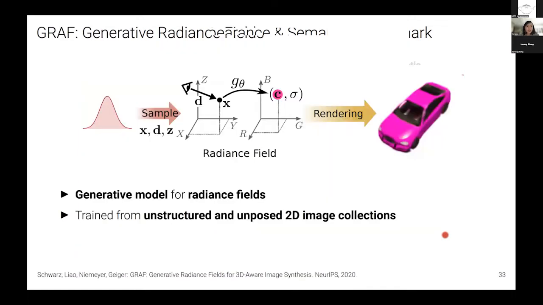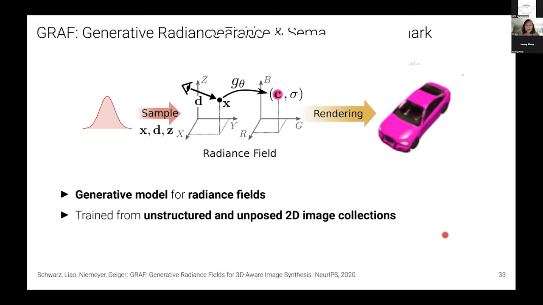So the intuitive idea is to lift the 2D generator into the 3D space and incorporate neural rendering into the generator. This leads to our work GRAF, generative radiance fields, where we want to model a generative model for radiance fields.